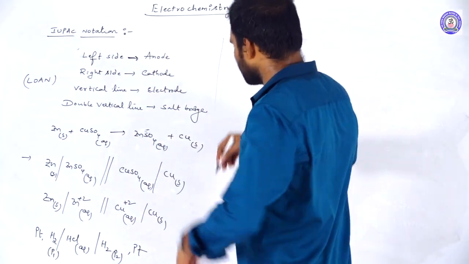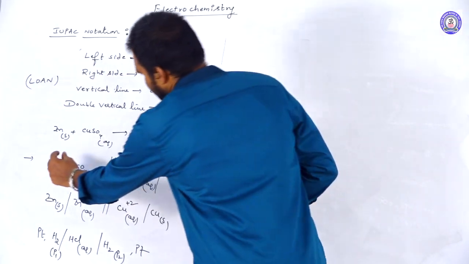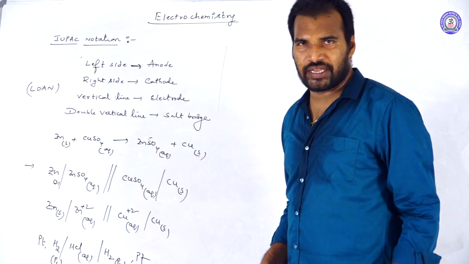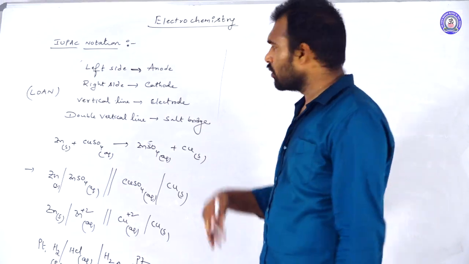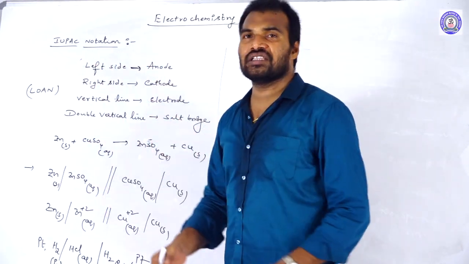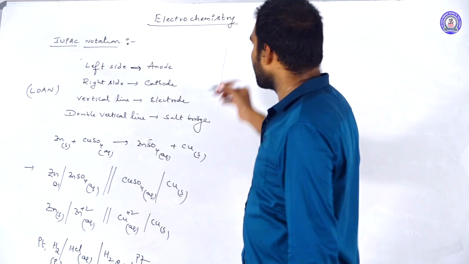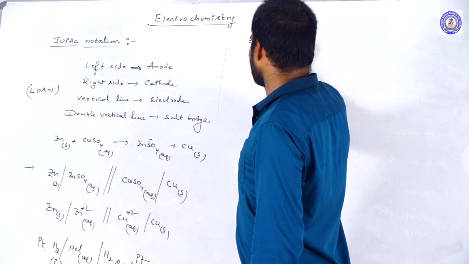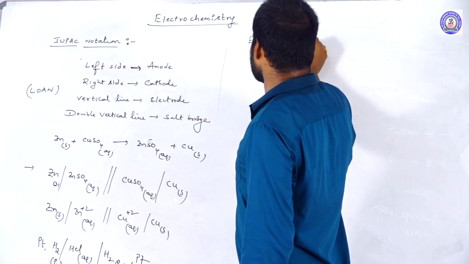After that, whenever a metal is in contact with the aqueous solution of its metallic salt, the potential that they generate, that potential we call what? Electrode potential.